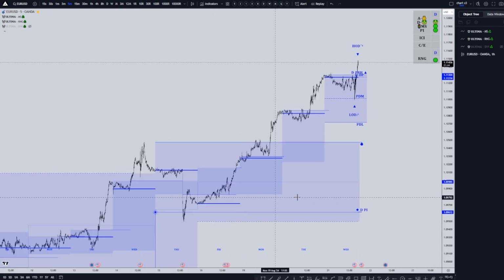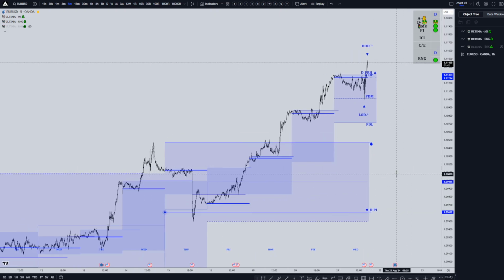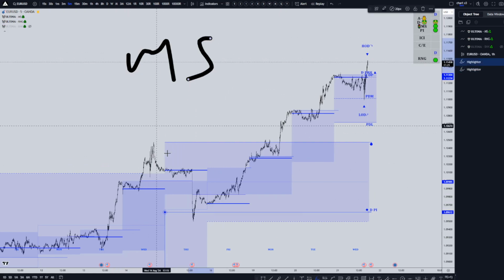Because specifically in Ultima, the foundations, how we started, everything was about the high range, low range: high day, low day, high week, low week, high session, low session, high date, low date, and so on. So we read what is market structure's intention with the sign of strength, sign of weakness, right?